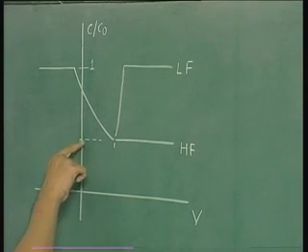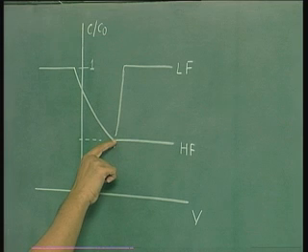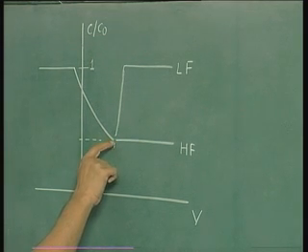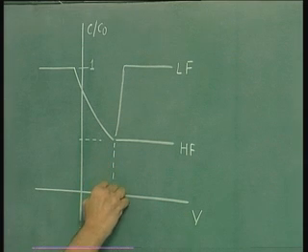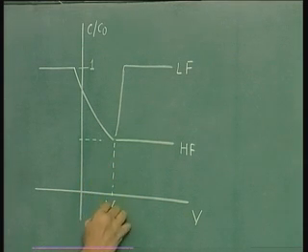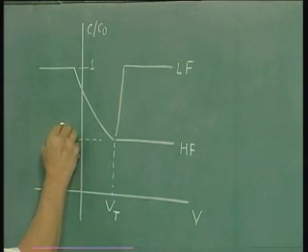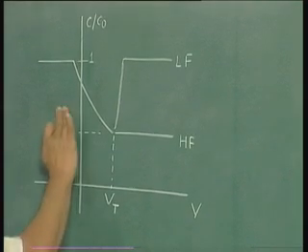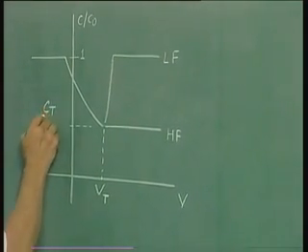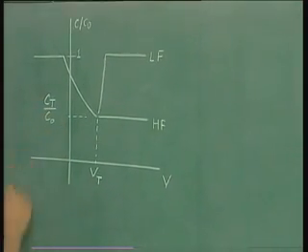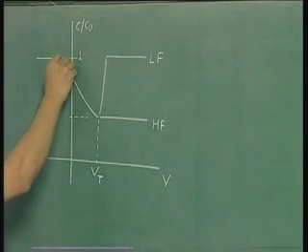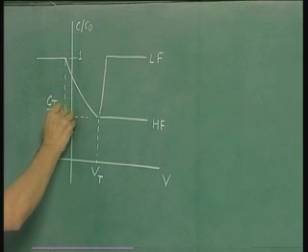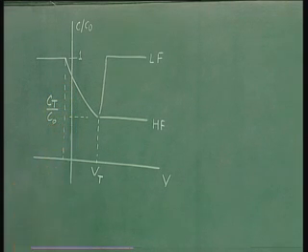So let us call the capacitance at this point as C suffix t, because the voltage here is the threshold voltage. So here this is Ct upon C naught. So this is another critical value that we need to note from our experimental characteristics. Then this is the flat band voltage.